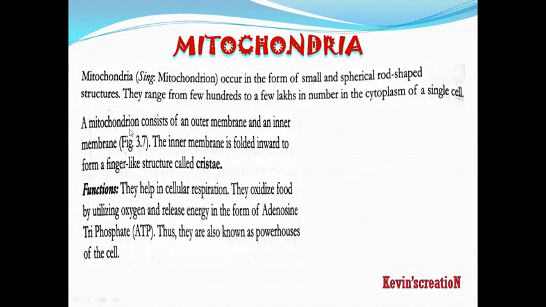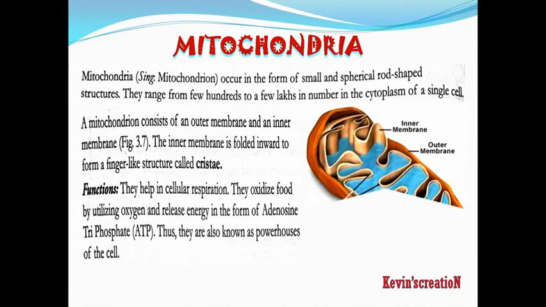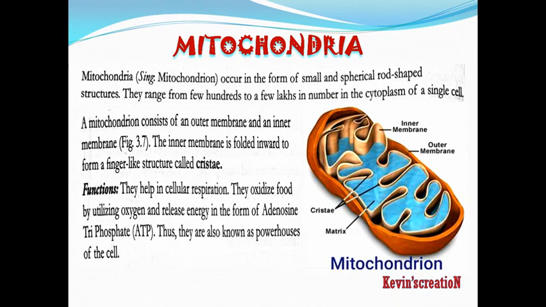A mitochondrion consists of an outer membrane and an inner membrane. So this is the internal structure of a mitochondrion. The deep brown is the outer membrane, and this is the inner membrane. Can you see that? So it is a double-membraned structure, covered by two membranes, outer membrane and inner membrane.